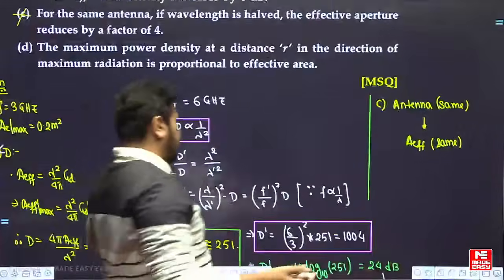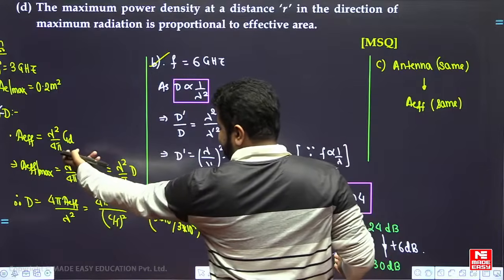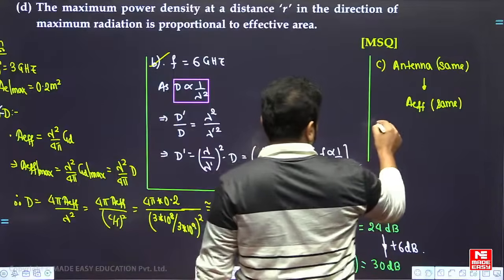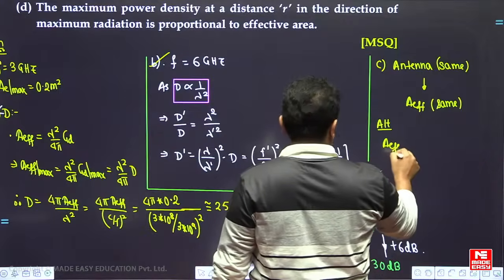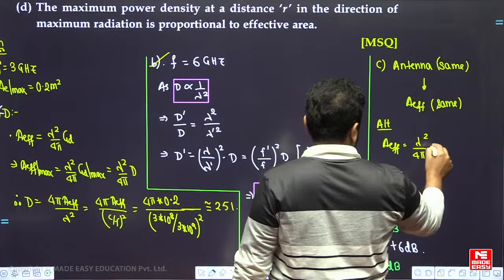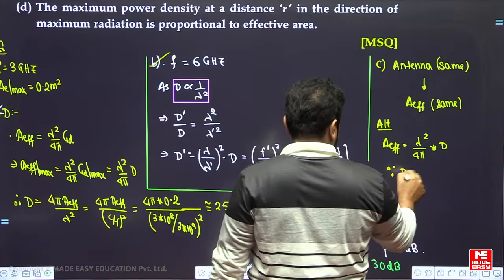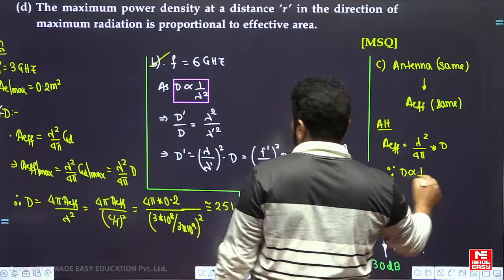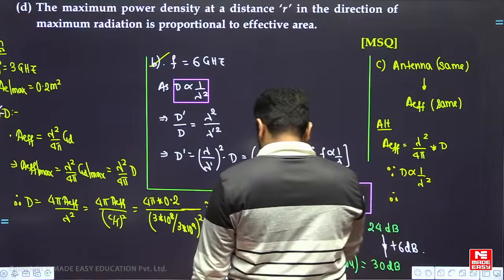Otherwise, mathematically also you can prove that. What is the formula of effective area? Effective area is lambda square upon 4 pi into directivity, right? And since directivity itself is inversely proportional to lambda square, what will happen to the effective area?